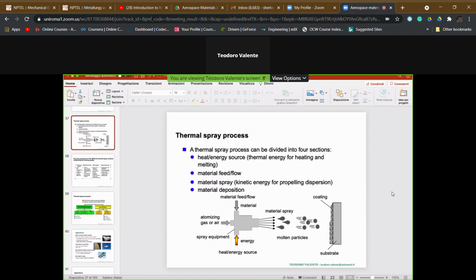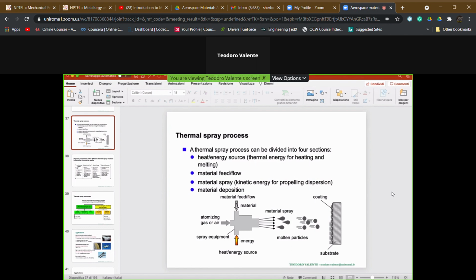Then, since the gun, as I told you last time, is controlled in movement by a robot, we also have to consider the spray gun movement, and thus, together with the previous parameters referred to the gun and to the gas exit, also the particle velocity and particle temperature, as well as the trajectory, which are influenced by the thermal exchange and kinetic exchange with the gas outside the torch.